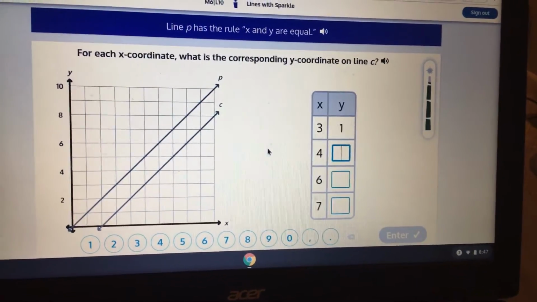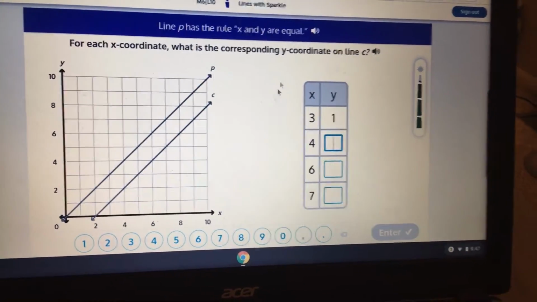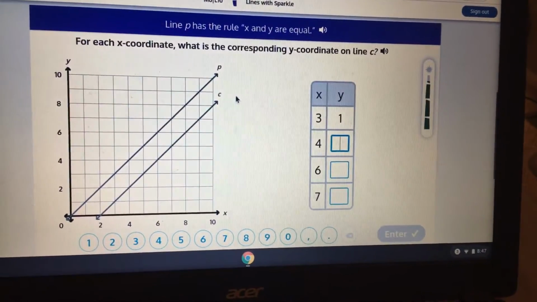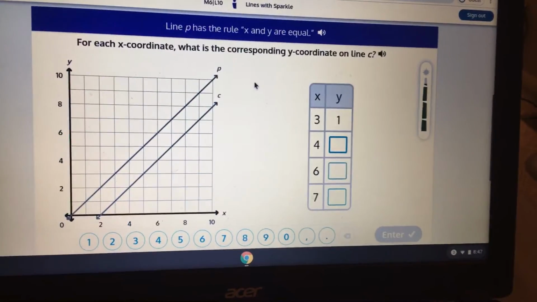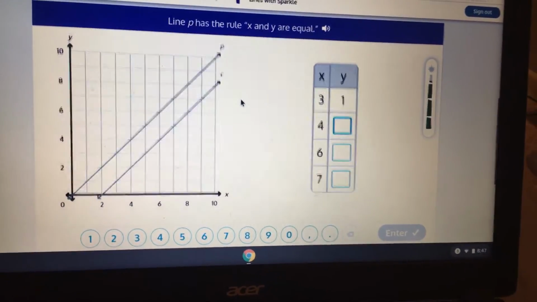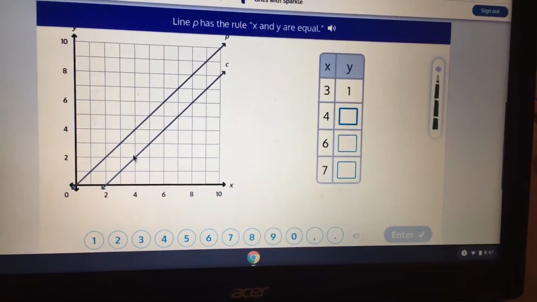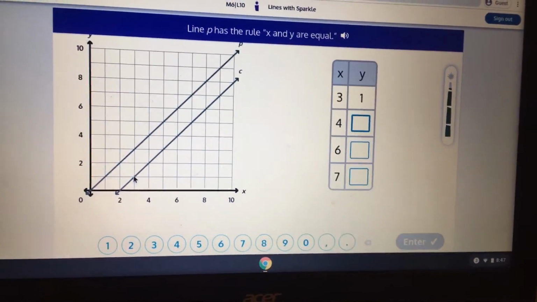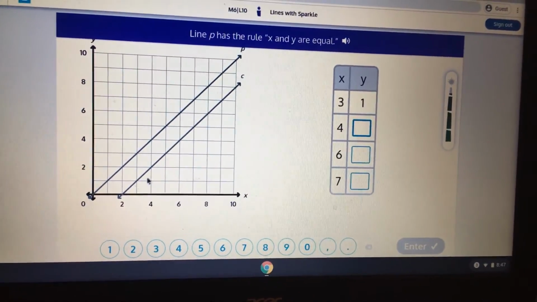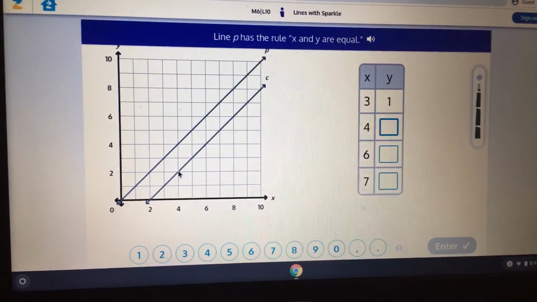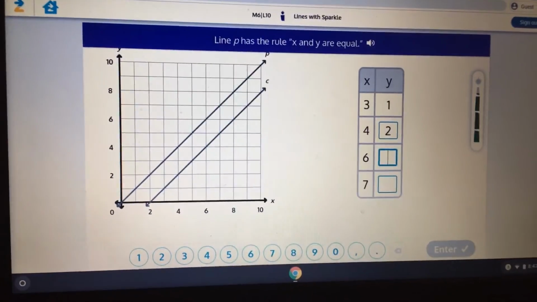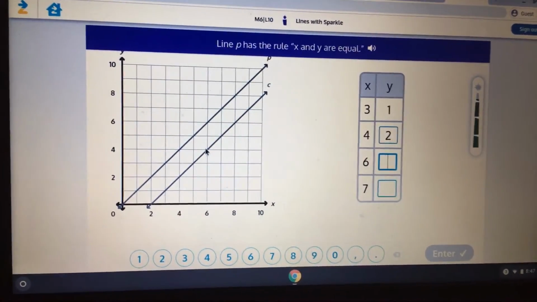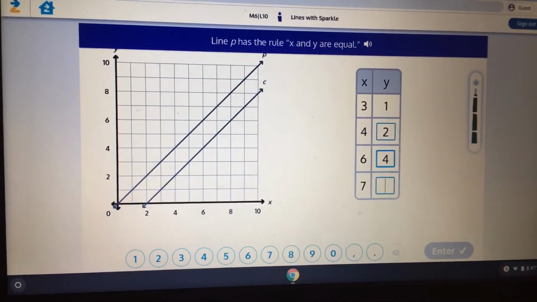All right, so for each x coordinate, what is the corresponding y coordinate on line C? So again, make sure you're reading carefully. We're not looking at line P, we're looking at line C. So 3, 1, that would be here. We've got 4, 2. Come up here, we've got 6, 4.